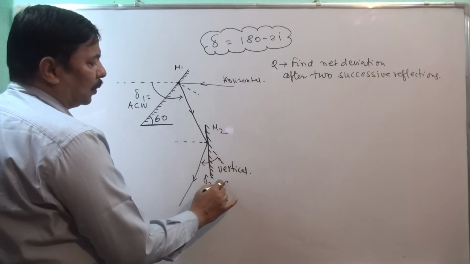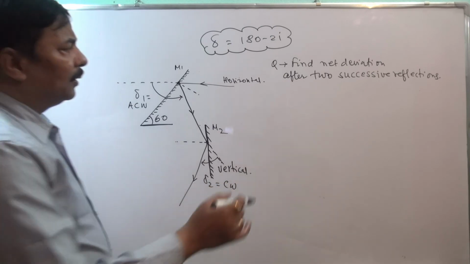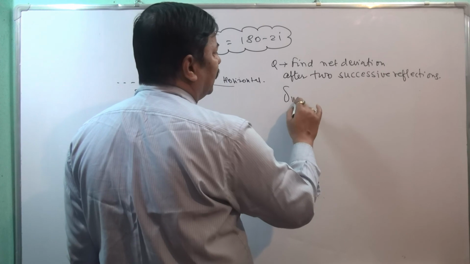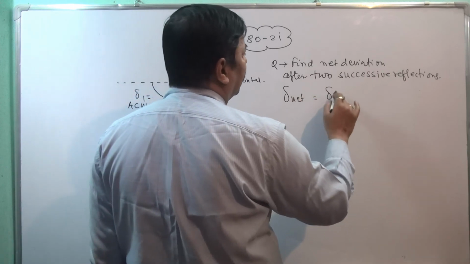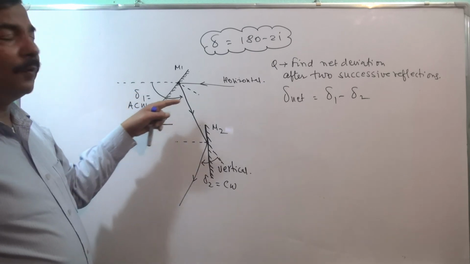This is clockwise. So what will be the result? Delta net in this case will be delta 1 minus delta 2, because one is anti-clockwise, one is clockwise.